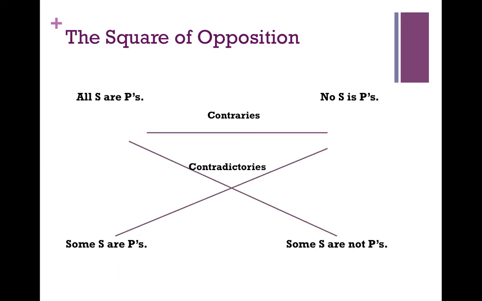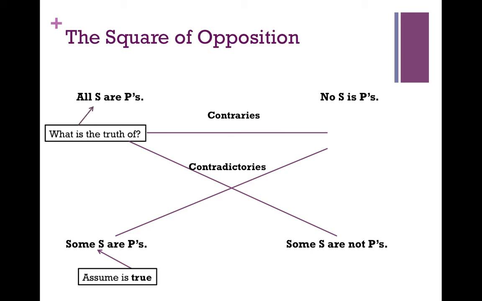Well, let's ask another question. Let's go not from the top down, but from the bottom up. Let's assume that some S are P is true. Then what would be the truth value of all S are P? If some S are P, can we know for certainty that all S are?